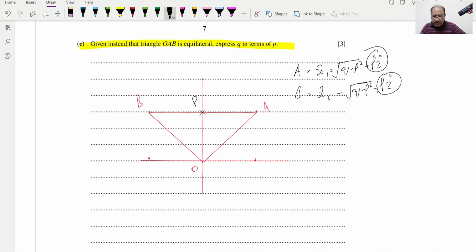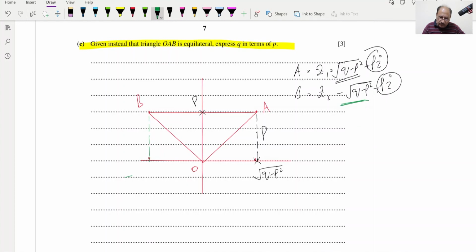And this is our p value up to this one. And if we draw a line over here, this side is also p because it is the same as OP, and from here this point we can take as the real part, which is under root q minus p squared, and the imaginary part, if we draw from here, this one, so this position will be the real part of this one.